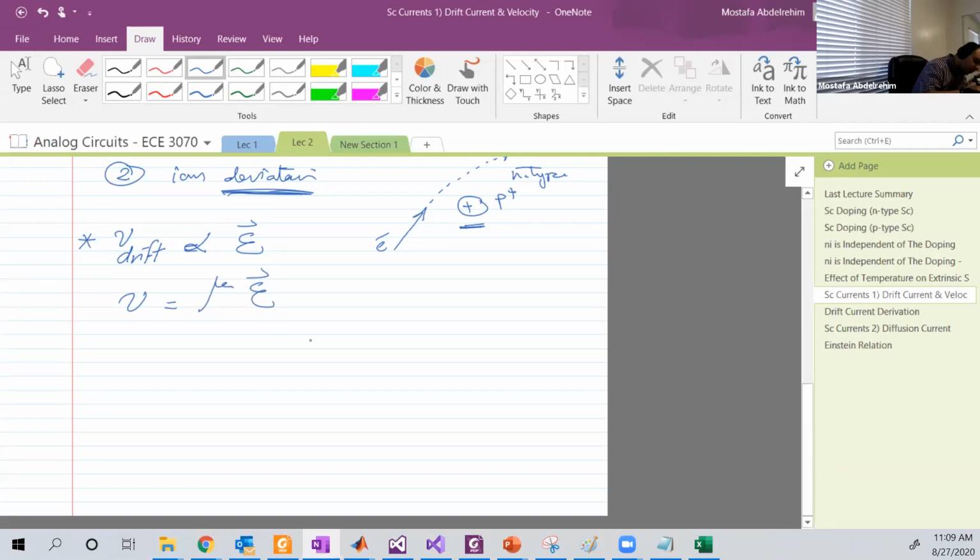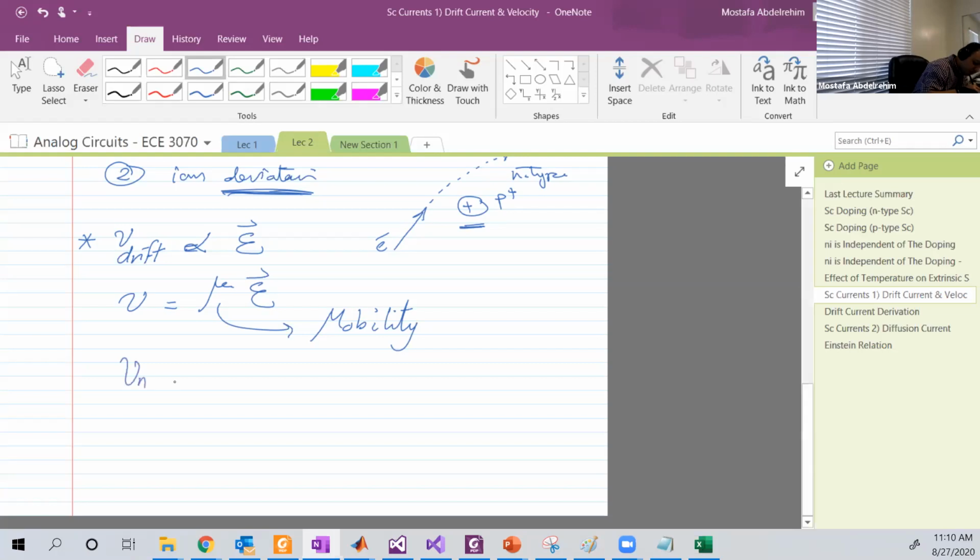This is called mobility, and it depends on the material. Each material has its own mobility constant, and it also depends on the carrier. So there is mu n and there is mu p.